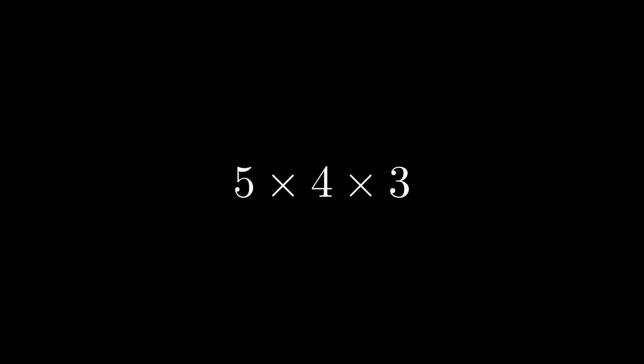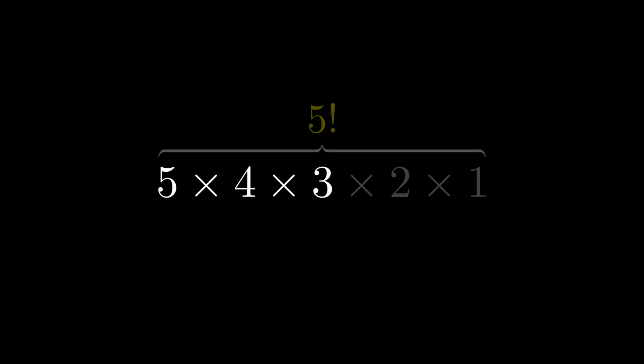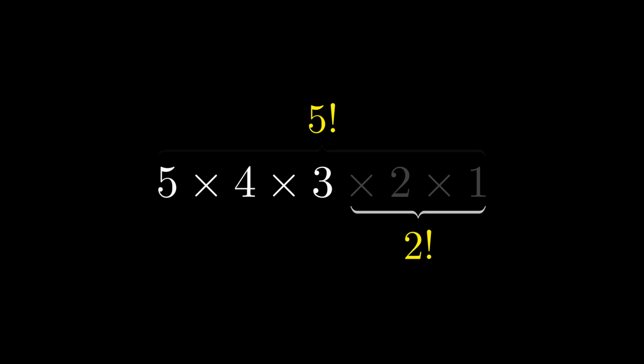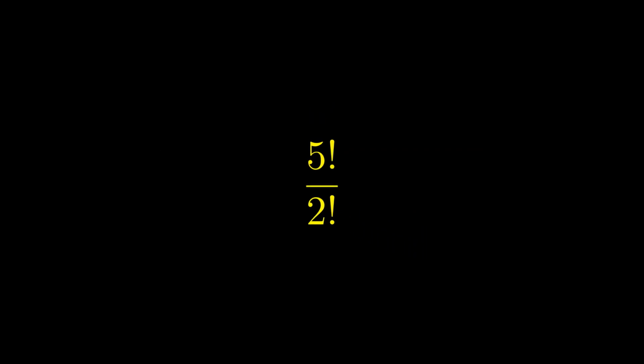Now, we don't want to write this out in full every time, we still want to use factorials to make this simpler somehow. So we just have to realize that our answer is this full 5 factorial with this tail of 2 factorial, 2 times 1, chopped off at the end. So we can just write it as equal to this full 5 factorial divided by 2 factorial. This cancels out all the terms we don't want.